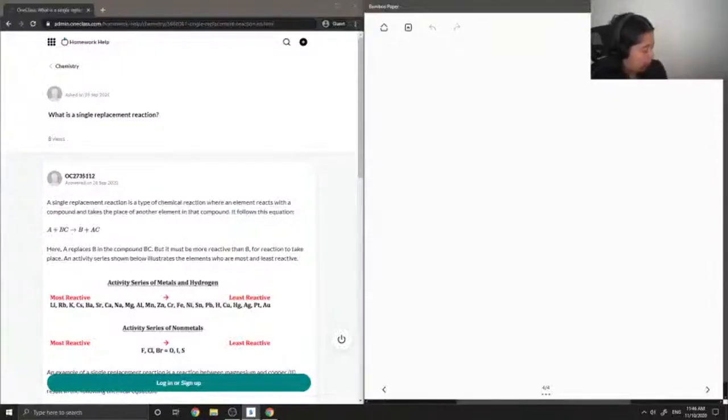What is a single replacement reaction? So, a single replacement reaction. I'm also going to put "or displacement," because it could also be called a single displacement reaction.